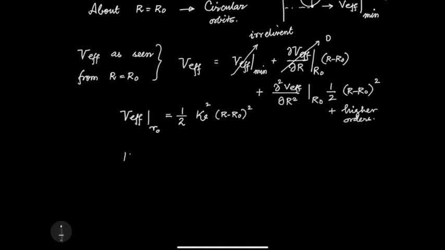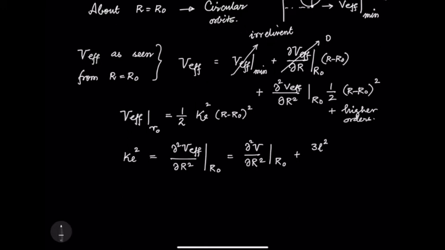What is kappa square? Kappa square is del 2 V effective del R2 at R naught. If you write down V effective in terms of V and L, this will have del 2 V del R2 at R naught, this term, and then you will have 3L square.